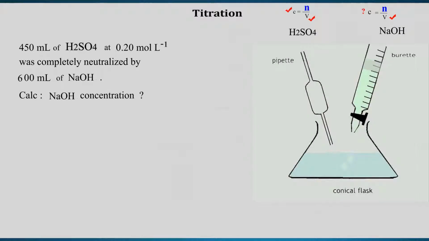Example 2, diprotic. That much sulfuric acid, H2SO4, neutralizes NaOH, find the NaOH concentration. One acid requires 2 bases.